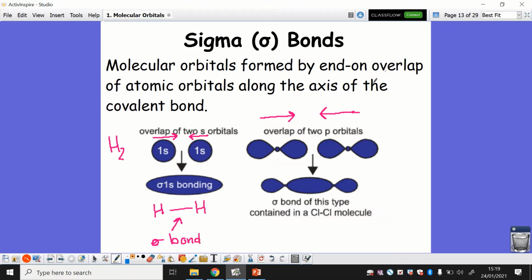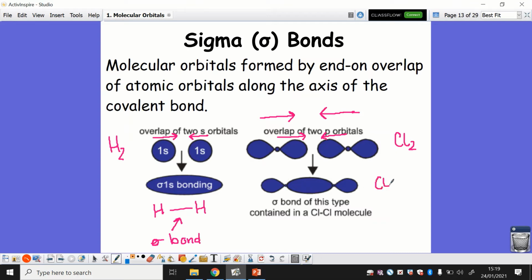Another example here, a slightly bigger molecule, although still quite simple, a chlorine molecule. We have our p orbitals where the bonding electrons are found in chlorine atoms. They overlap end-on like this and form a bonding orbital that looks like this.